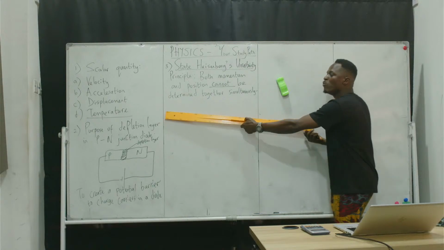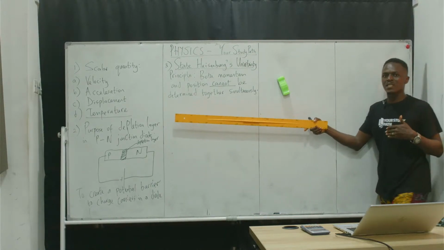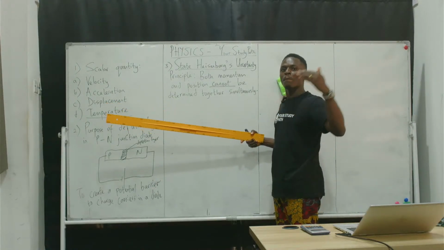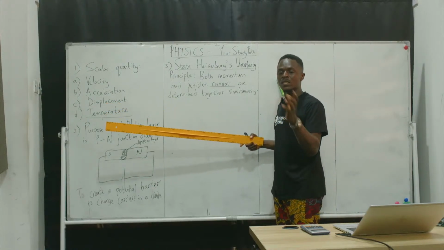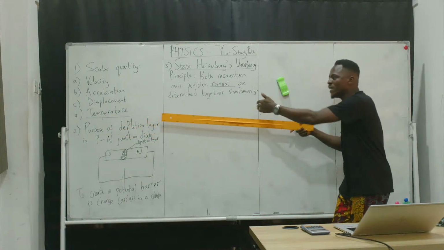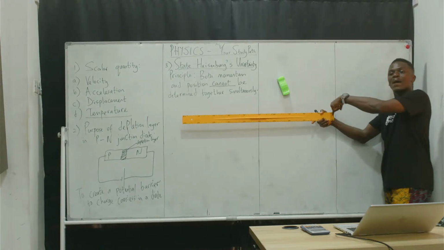But the moment I'm moving away while in motion, momentum considers the mass and the change in velocity. So the moment I'm moving away from my original position, you cannot measure exactly my position again.